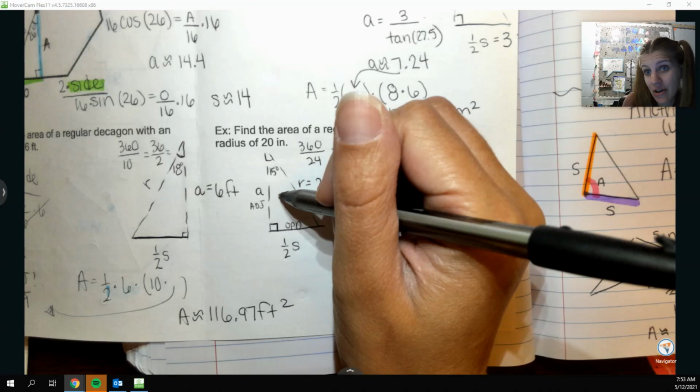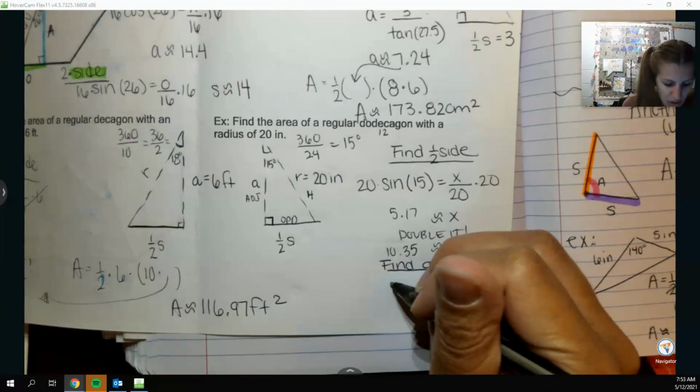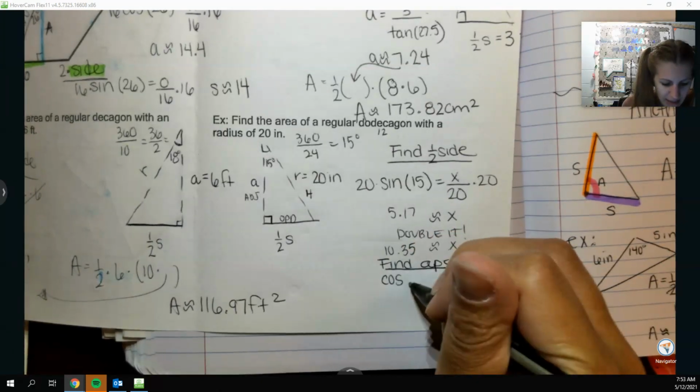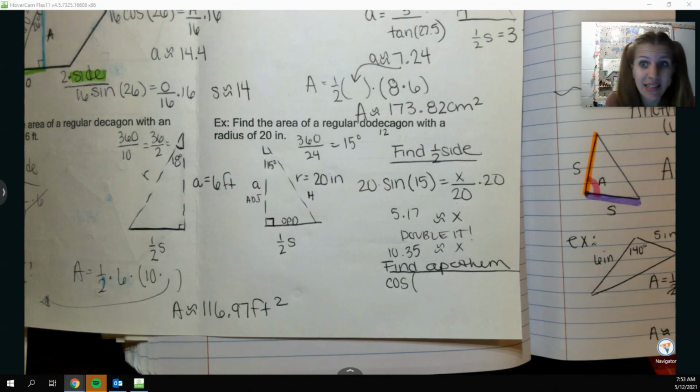And the side that I know is 100% correct is the hypotenuse still. So we're going to use cosine. And I don't know if it's as cute, but because cosine is adjacent, apothem is maybe a way to remember. You're always going to use cosine to find the apothem when you're finding both.